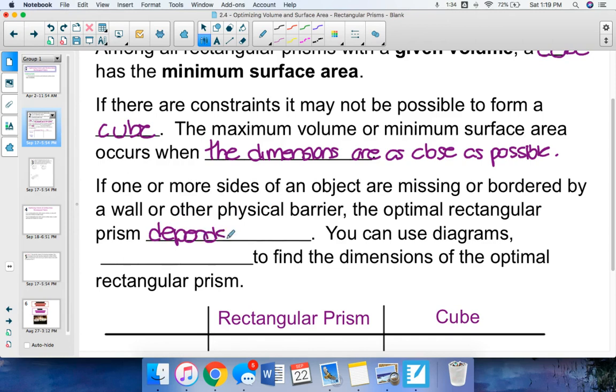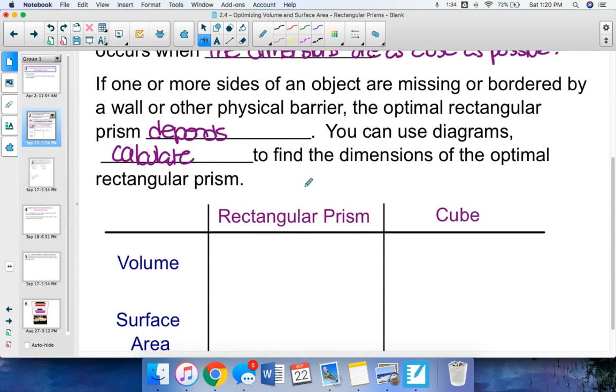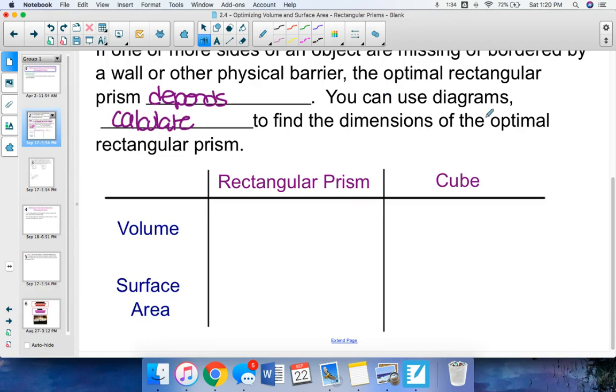It depends on the situation, but you can use diagrams and calculations to find the dimensions of the optimal rectangular prism. So if one of the sides is missing, you have to do calculations, draw some pictures, and figure out how you can get those dimensions.